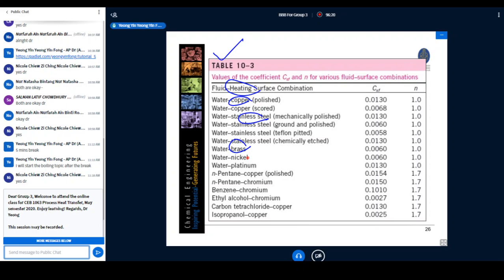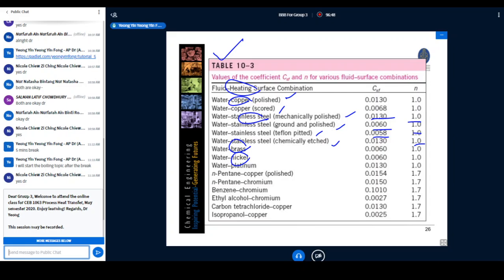So students, bear in mind what the question is always asking. I'll give you an example first before we go to the other equation. Usually it will mention a mechanically polished stainless steel pan. So you need to know here: mechanically polished. Then from here, I will automatically pick up these two, 0.013 and n equals 1, because the question mentions mechanically polished.